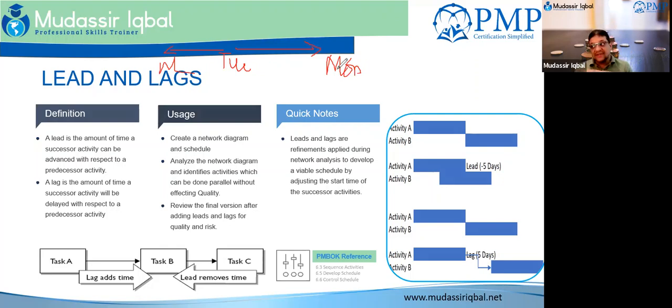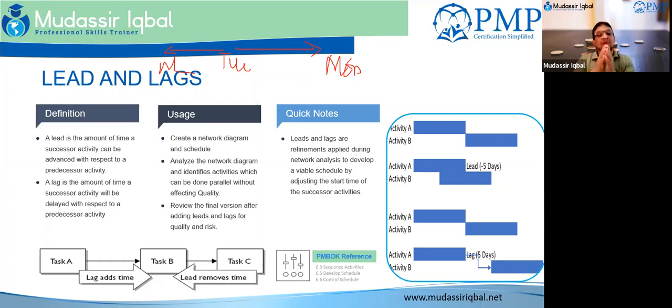So either you pull the activity back or you push the activity to the next window of 5 days. So it's a leading and it is a lagging. Lead is pull, lag is push.